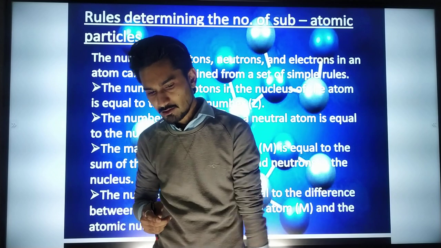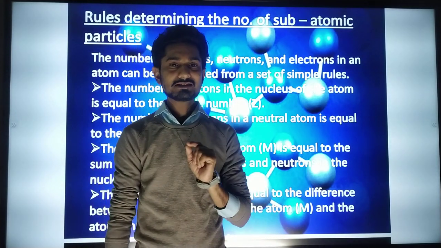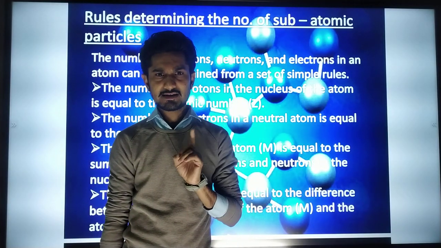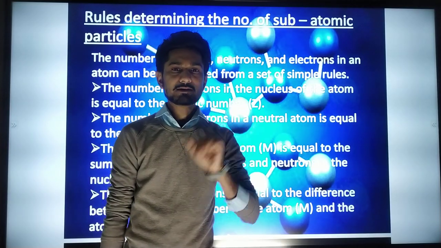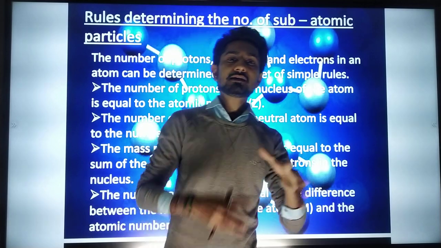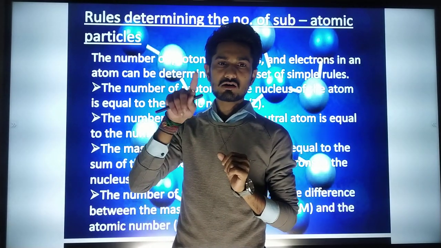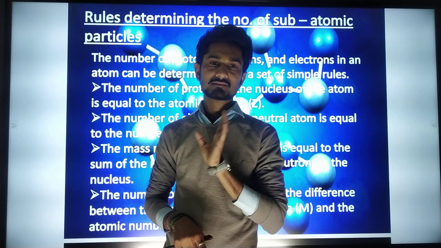Whenever I tell you that hydrogen contains 1 proton, it gives us 2 basic ideas. The first idea is that the number of protons is 1, which automatically gives us the atomic number, which is also 1. And the second idea is that hydrogen contains 1 electron in its orbit.